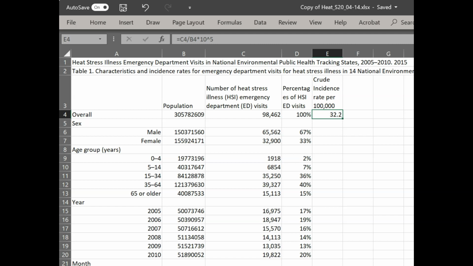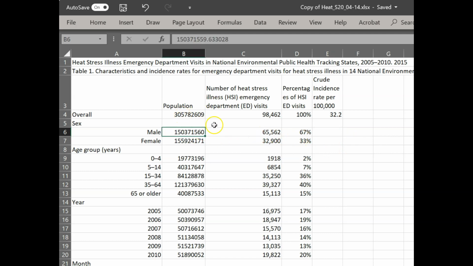So we do the same thing for the other populations, but here, rather than using the total population, we have to use the population out of which that group comes. So if we want to know the crude incidence rate for males, the rate that they end up in the emergency department, we have to take their population.